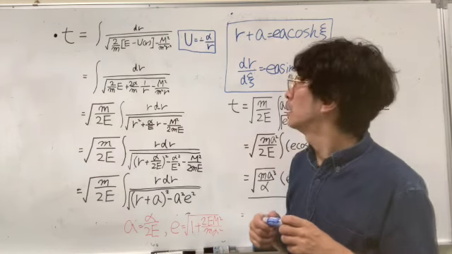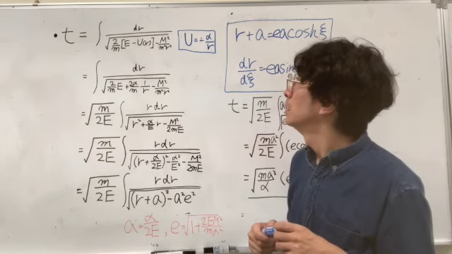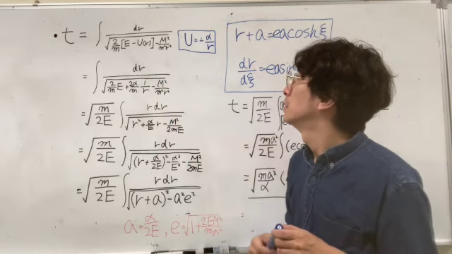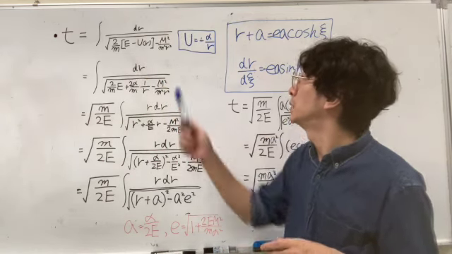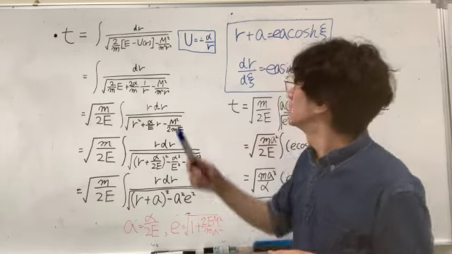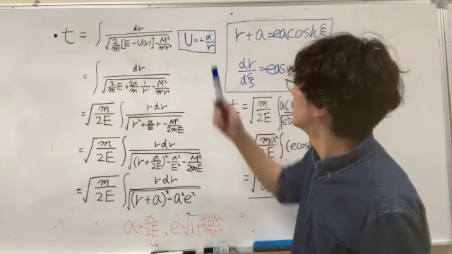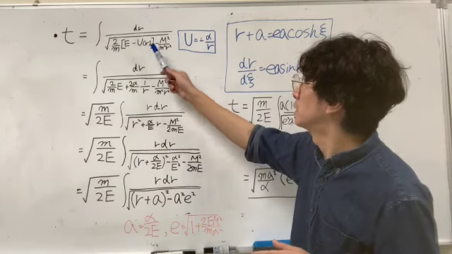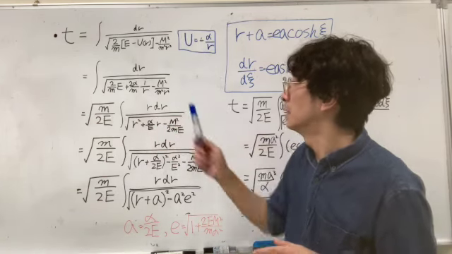By solving the conservation law equation, we can estimate the time as a function of r. So we can use this equation. Now we consider U equals minus alpha divided by r. By inserting this factor here, we can get this integral.